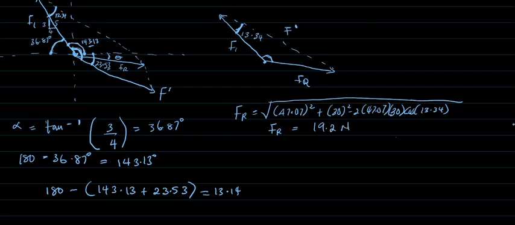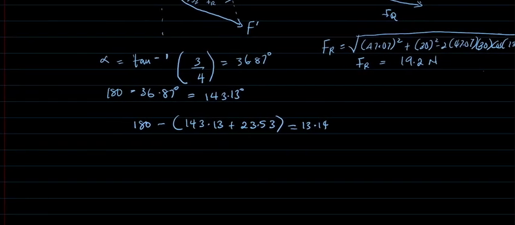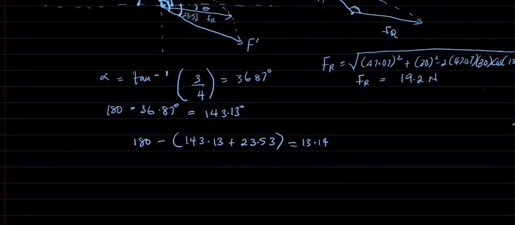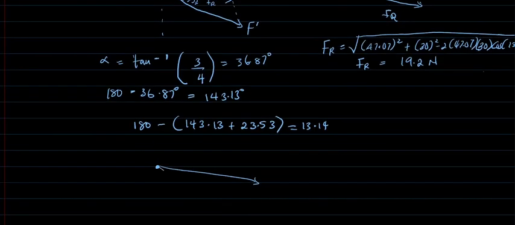Now for the theta, we're going to use this second triangle. I'm just going to bring it out. This is FR. This is F bar. This is FR. This is its small angle, theta. Let's bring it down here so we don't get confused. And this will be F1.